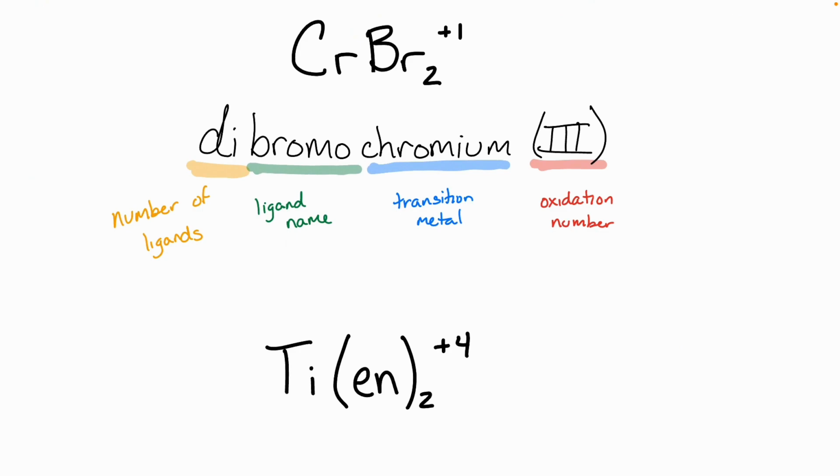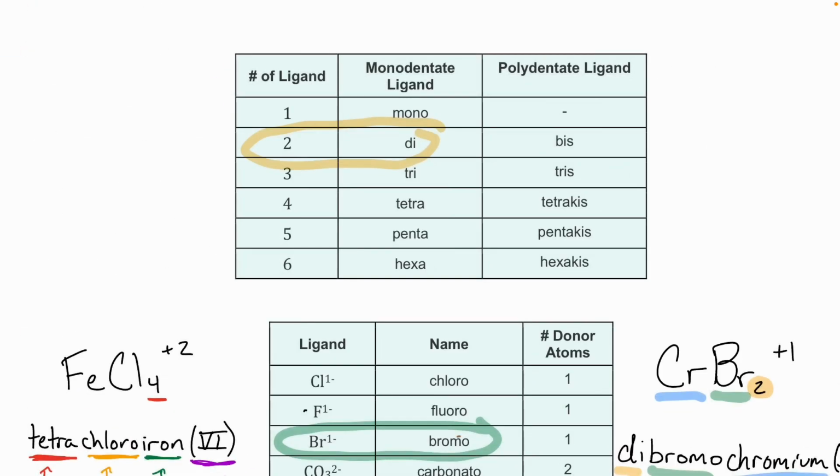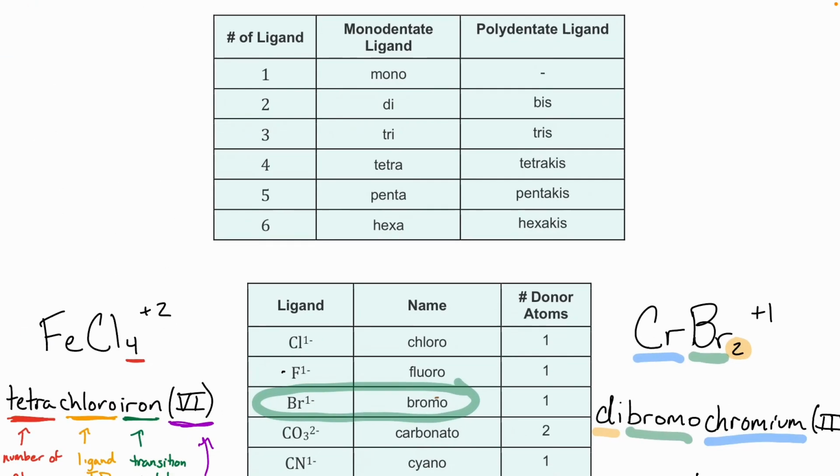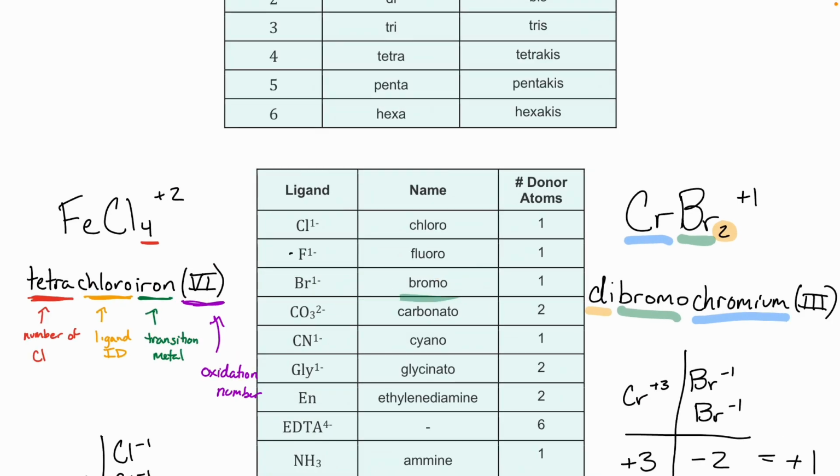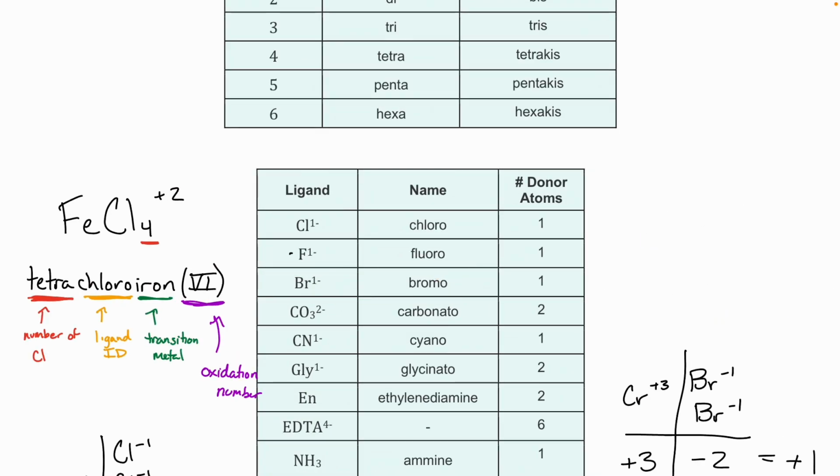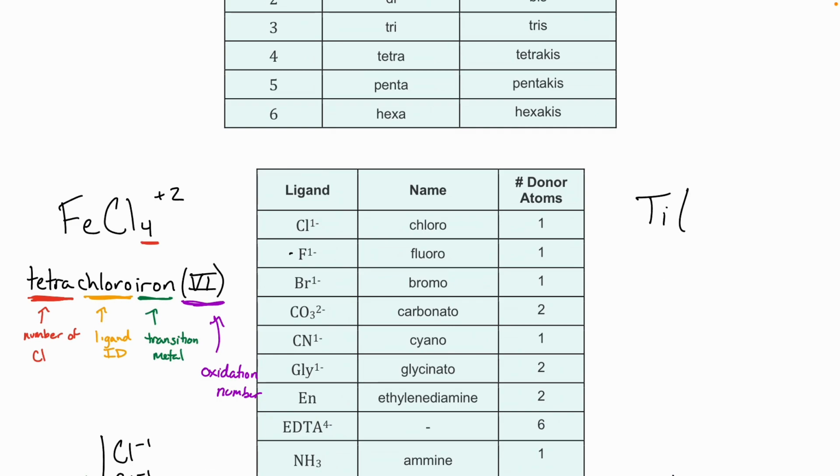All right, so most of this procedure is going to be the same, with the exception of the prefixes that we use. So let's just put this down over here.